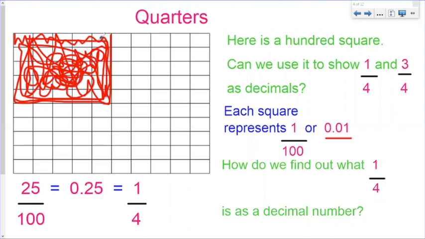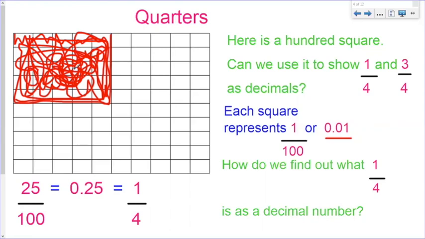But as you can see, now how many squares have I coloured in there? 1/4 of 100 is 25. So we call that 25 over 100. That's our big fraction. 25 over 100 is equivalent to 1/4.